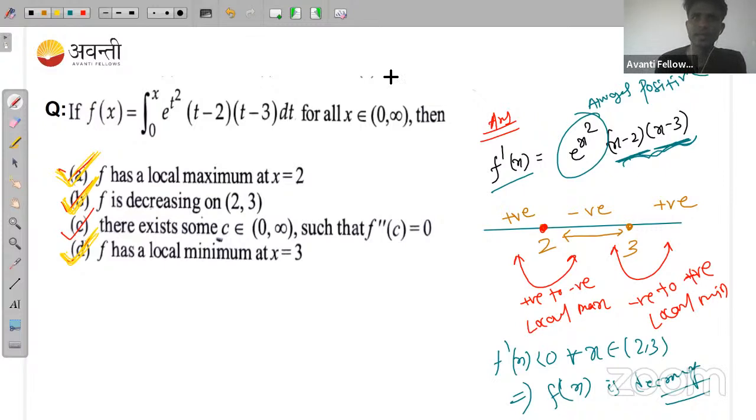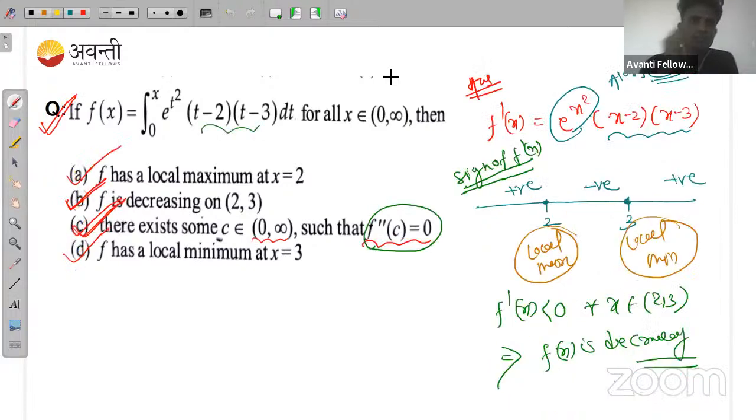Now we have to check whether there exists some c, so that its double derivative is 0.